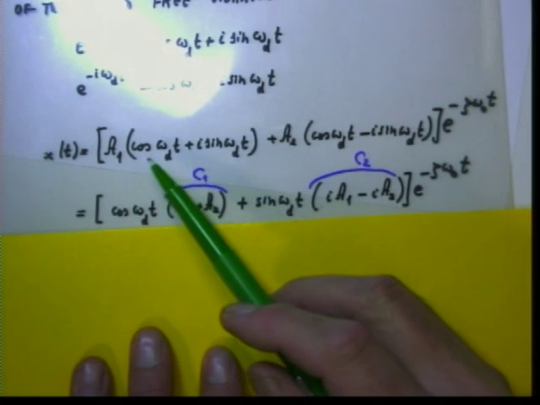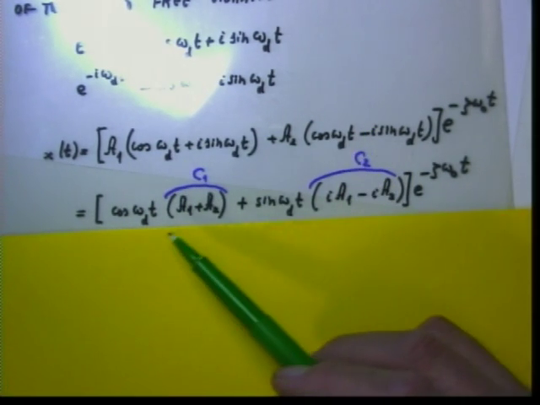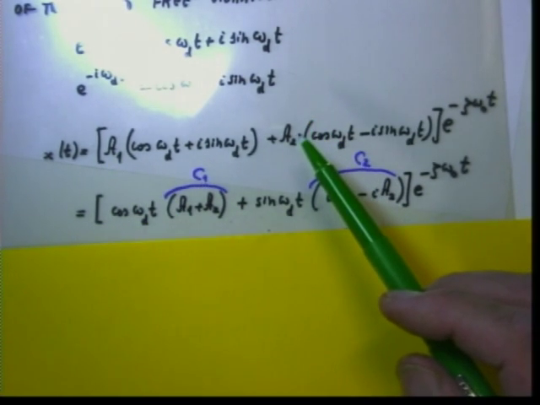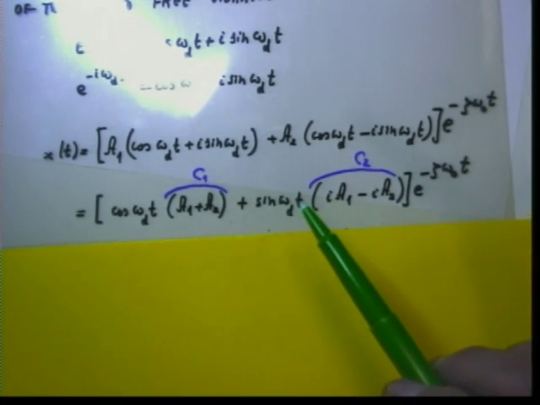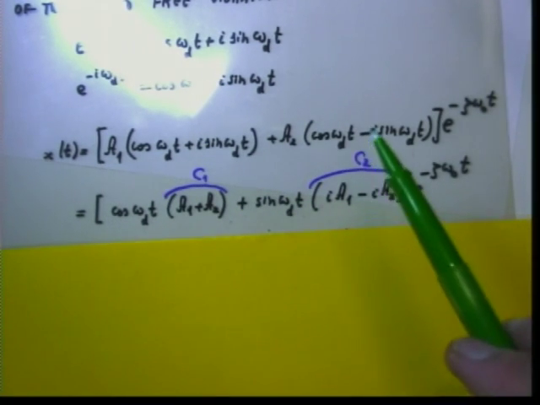Please, here I have cosine omega sub d t, and here I have cosine omega sub d t. I'm taking that out, so what is left here is A1 plus A2. And here then I have sine omega sub d t, and then I have i times A1 minus i times A2.